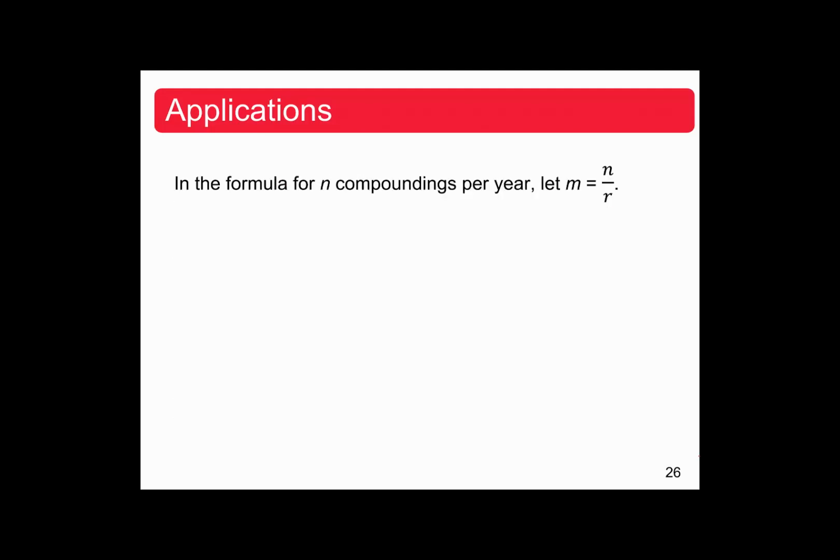Now let's learn how to derive the continuous compounding formula using some algebraic transformation. So we start with the compound interest formula, P times (1 plus r over n) to the nt.